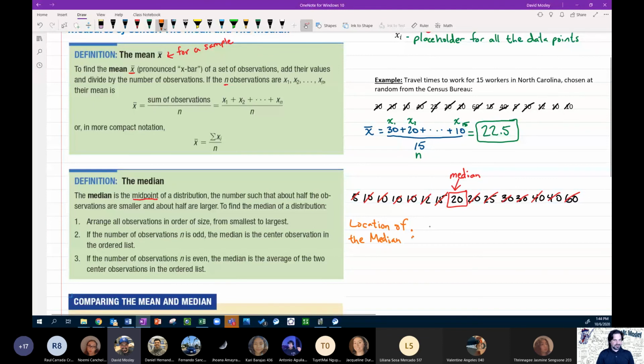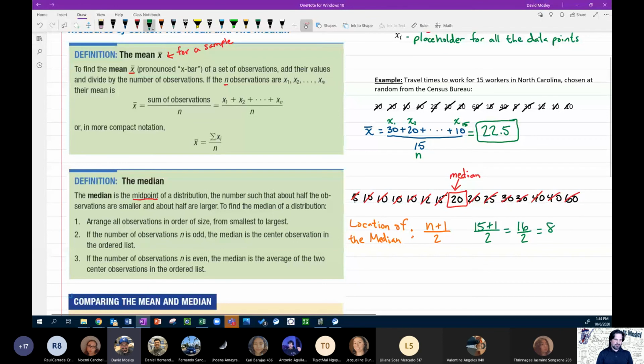And we do this by using the rule n plus 1, where n, again, is just the number of observations, the number of data points, divided by 2. So for this example, we have 15 plus 1 divided by 2, which is 16 over 2, which is 8. So that means the 8th number in my ordered list should be the median.